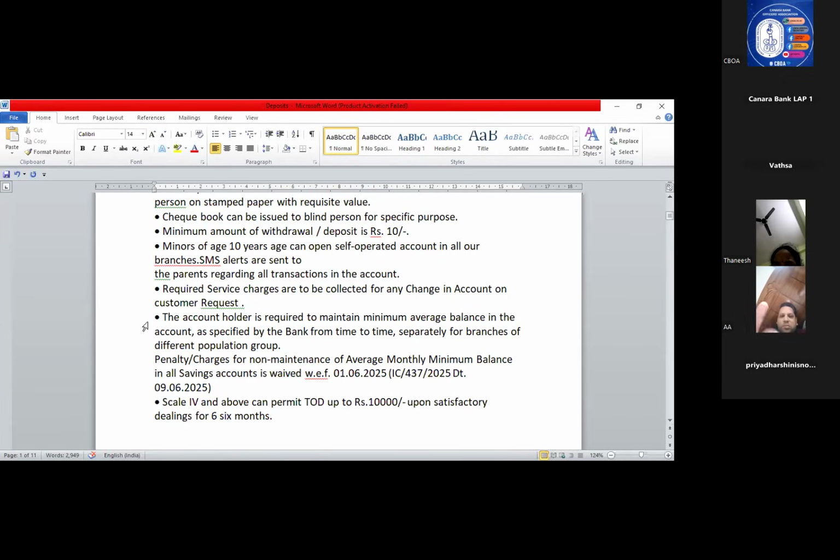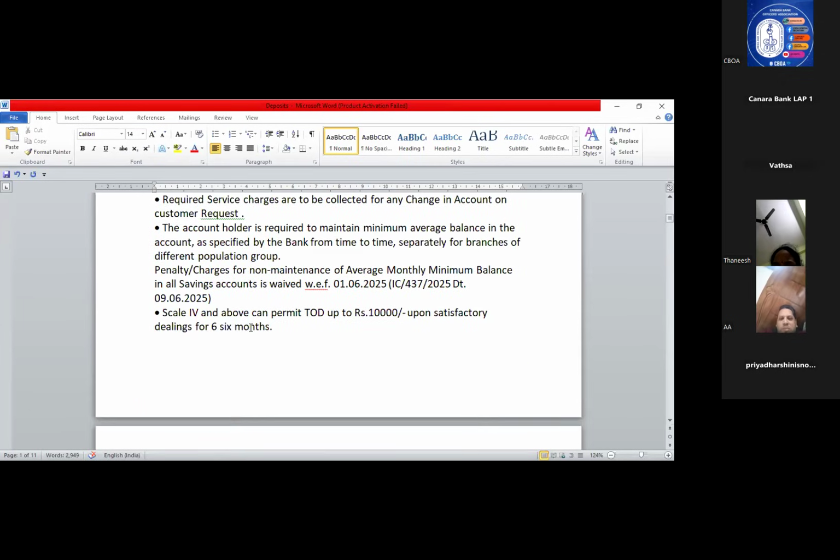Then whether branch in charge can sanction TOD, that may be one of the questions. And if a scale 4 is going to do, how much is the amount? Whether minimum charges for not maintaining minimum balance, whether it is to be recovered or not, that may be one of the questions.